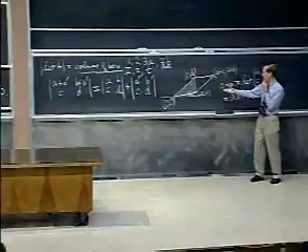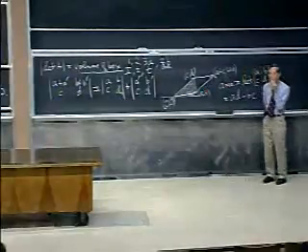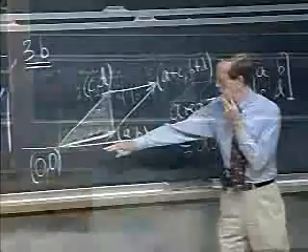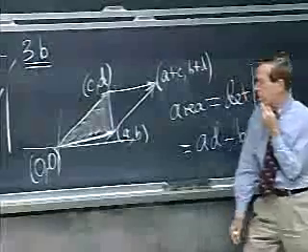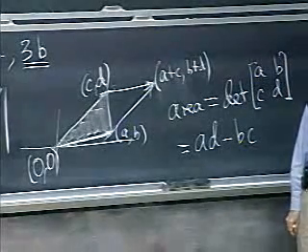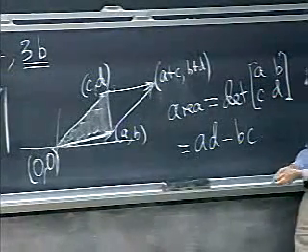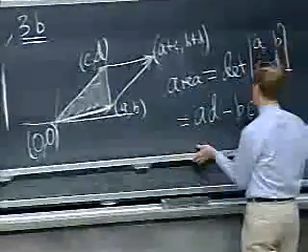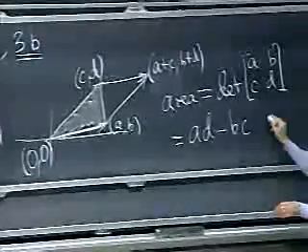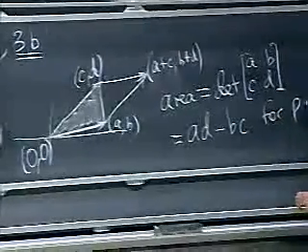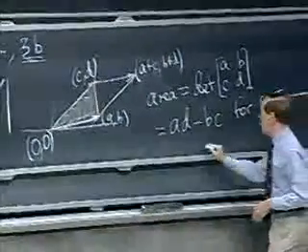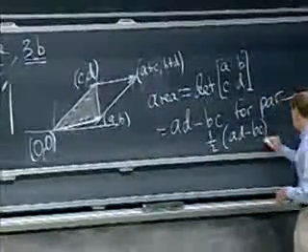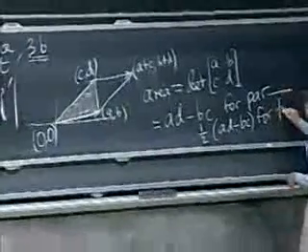So if I know A, B, C, D, and 0, 0, what's the area? It's just half of this. So this is AD minus BC for the parallelogram, and 1/2 of AD minus BC for the triangle.